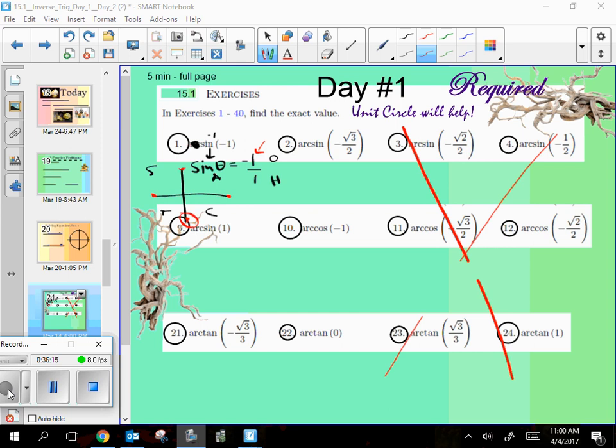But the classic mistake would be to say 3 pi over 2. In inverse trig, that's not 3 pi over 2, because there are no answers that are bigger than 90. So how can I say that without making an answer bigger than 90? Negative pi over 2. Hardcore math. So many little things to remember.